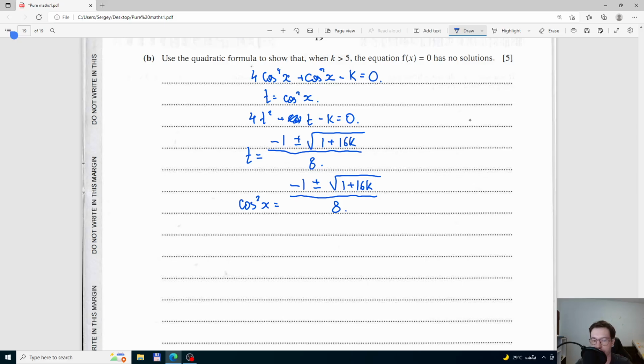Now the big question is, when does this equation have solutions? We'll have to remember that cosine is actually limited. It's from minus 1 to 1. That means that the cosine squared should be in between 0 and 1.